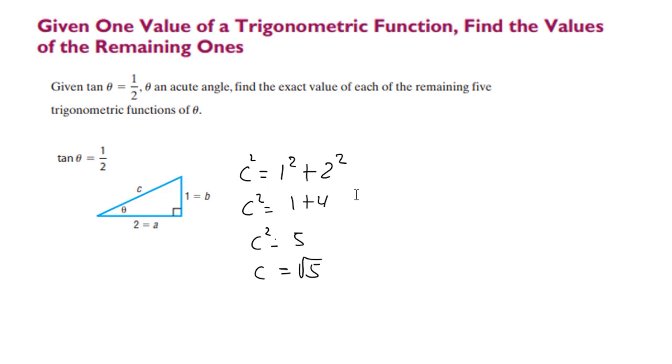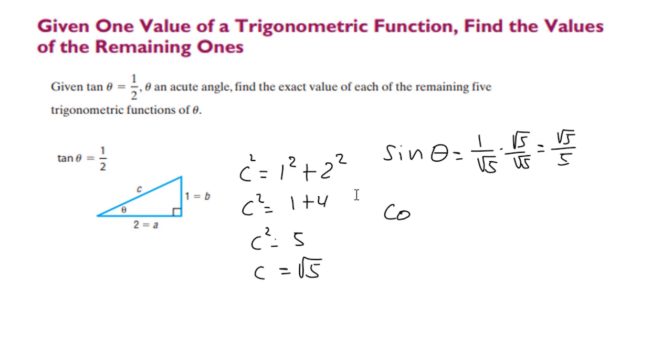Now, I can just fill in the trigonometric functions. Sine of theta is equal to opposite divided by hypotenuse, 1 over square root of 5. Remember to do rationalization. And the answer will be square root of 5 over 5.